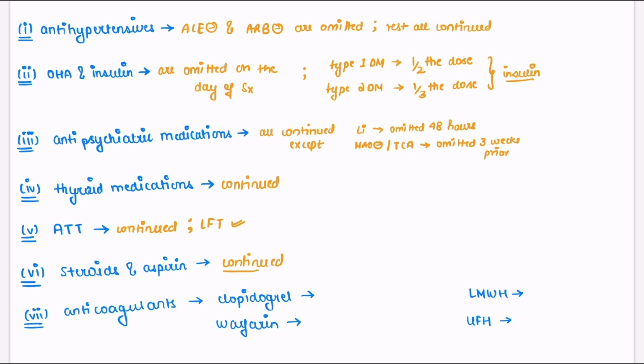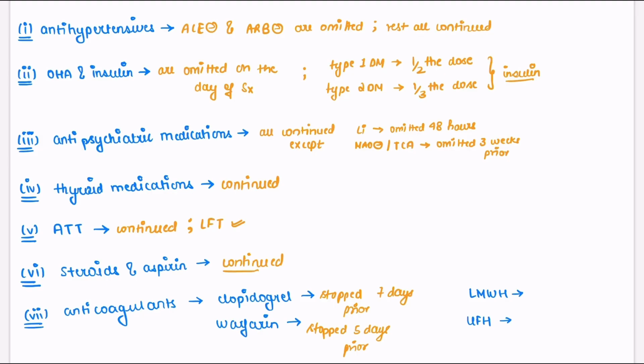For anticoagulants, clopidogrel is stopped 7 days prior to the surgery. Warfarin is stopped 5 days prior to the surgery.